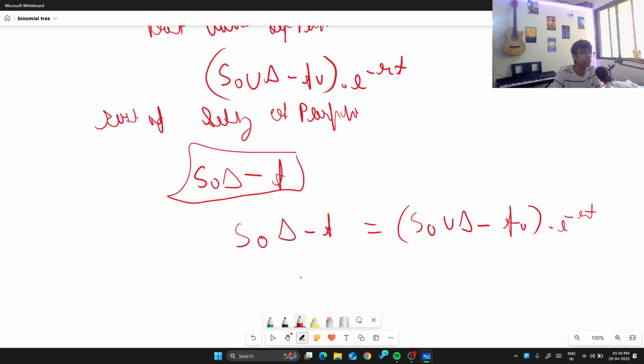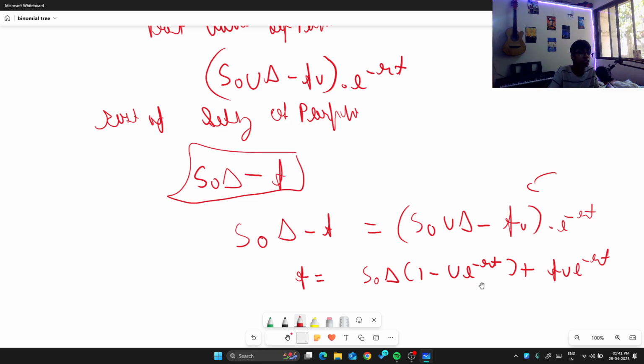From that we can find f equals S0 delta (1 minus u e to the minus rT) plus f_u e to the minus rT. This is simple. We open the bracket and equate the formula, and this is the value of the option.